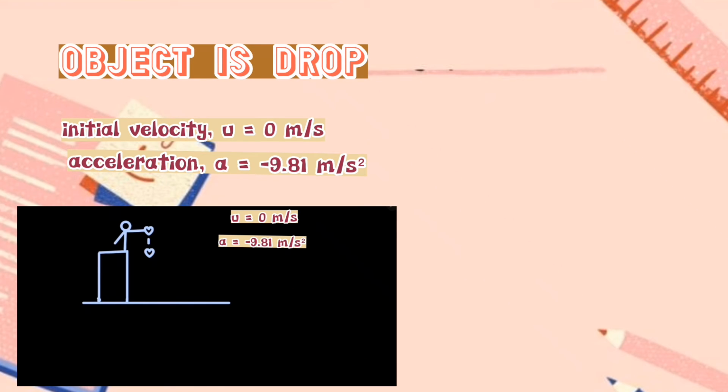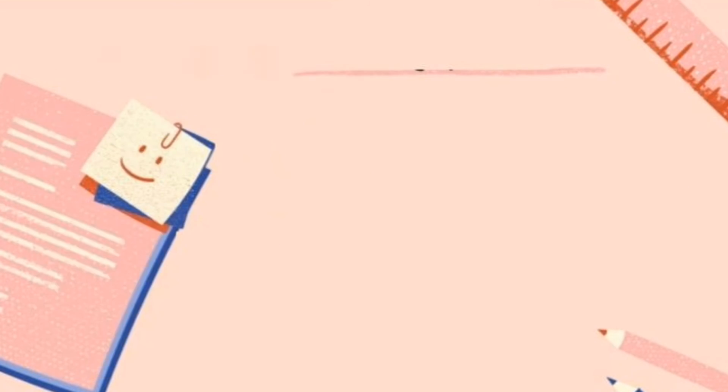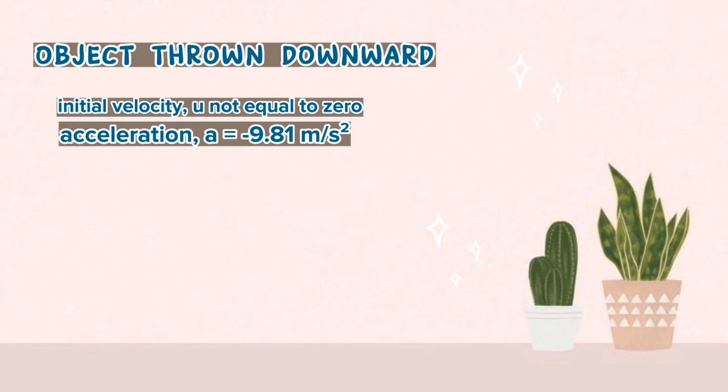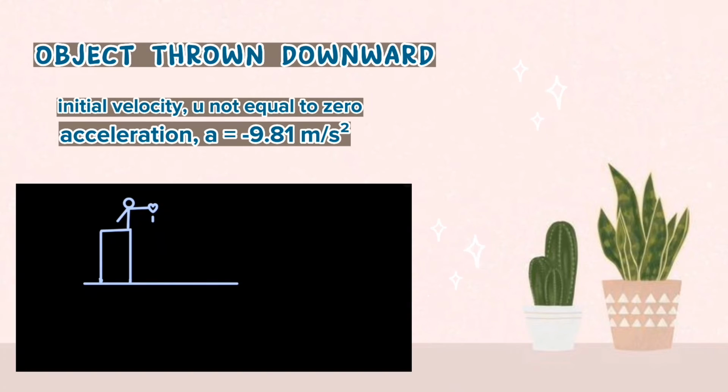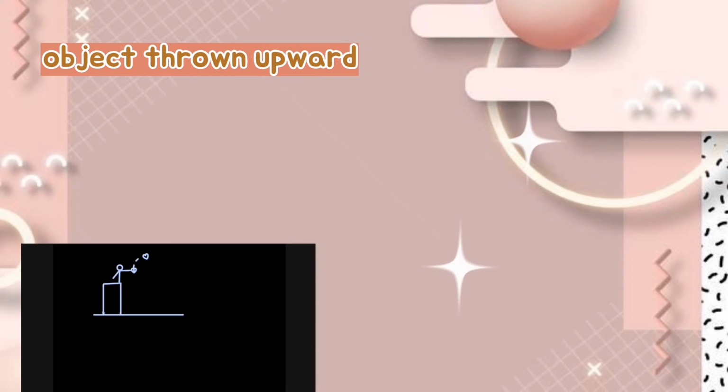The information we have is that the initial velocity is 0 and the acceleration is negative 9.81 meter per second squared, that is gravitational acceleration. The second situation of free fall is when the object is thrown downward. The initial velocity is not equal to 0 and the acceleration is the gravitational acceleration, negative 9.81 meter per second squared.